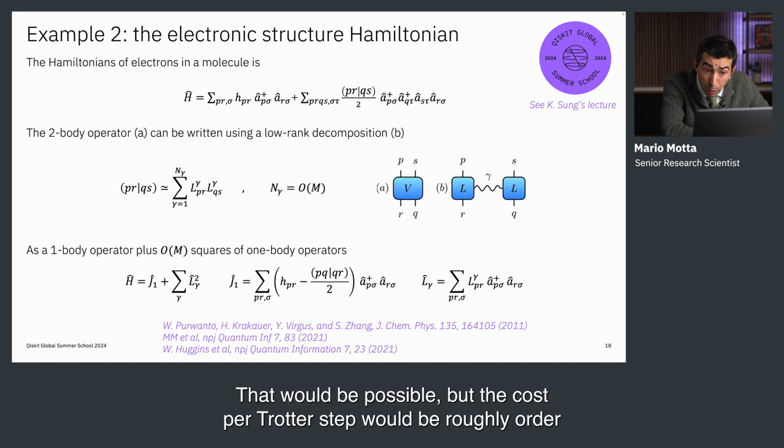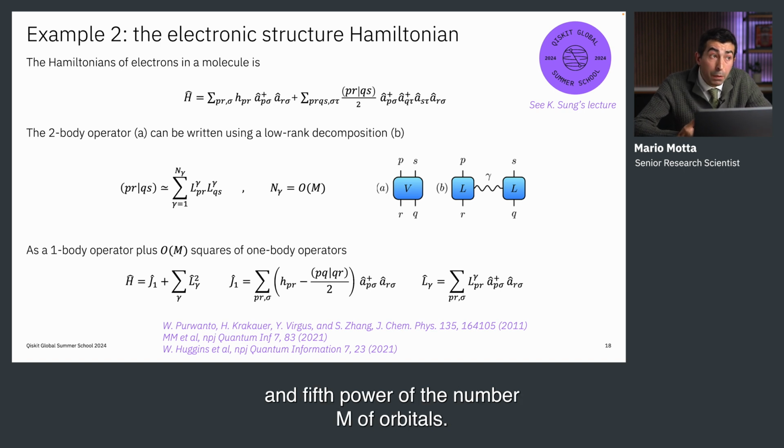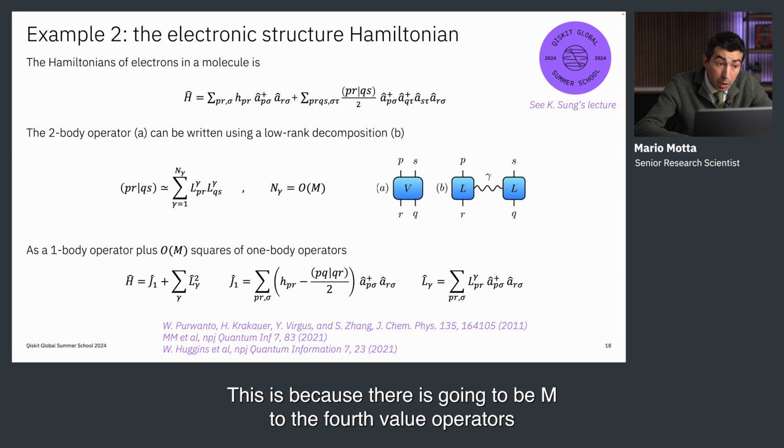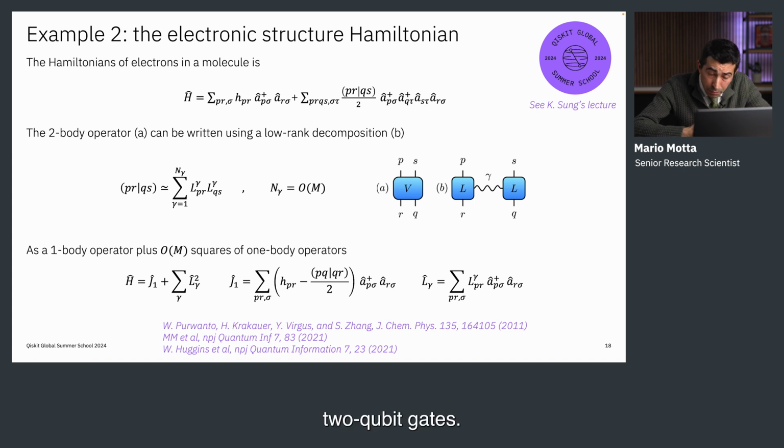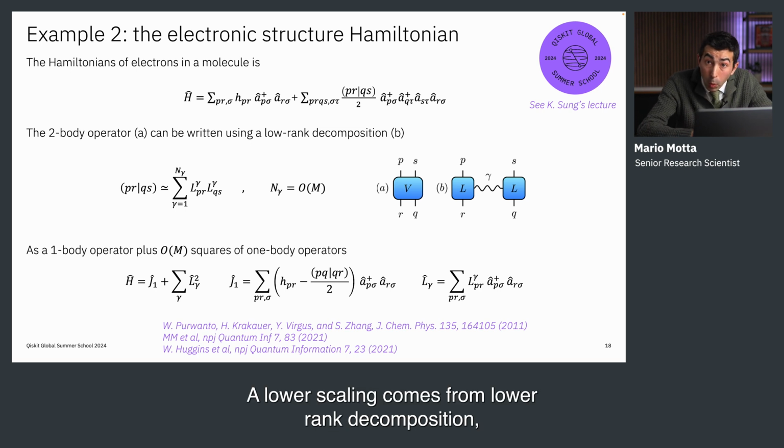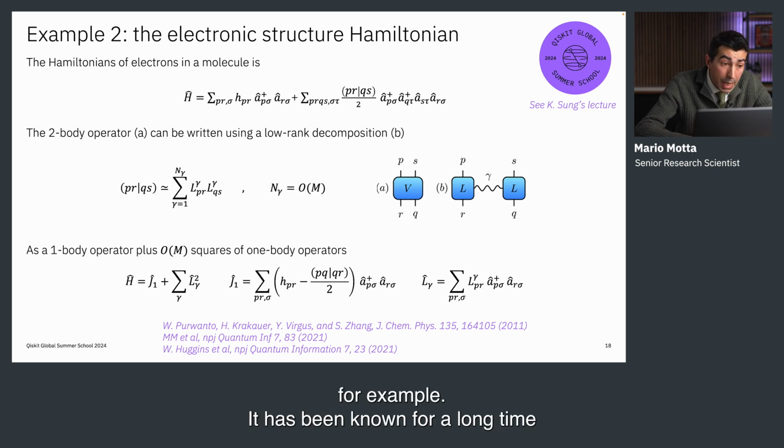That would be possible, but the cost per Trotter step would be roughly of order the fifth power of the number m of orbitals. This is because there are going to be m to the fourth Pauli operators, and the exponential of each requires roughly order m 2-qubit gates.